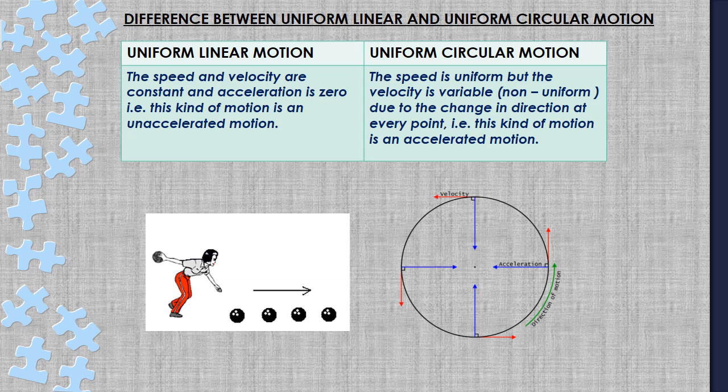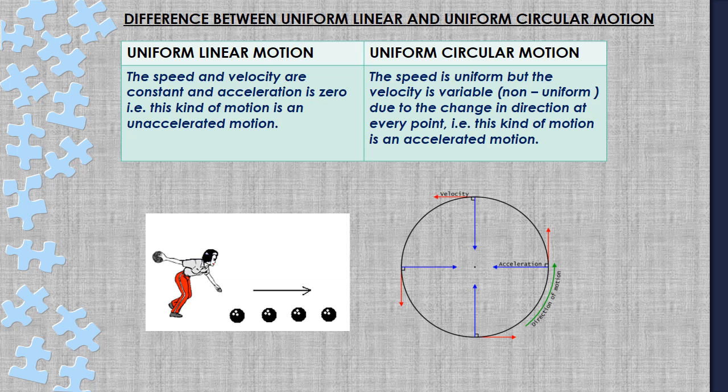Suppose the speed of the ball is 2 meter per second. So we can say it is traveling 2 meter in 1 second. That means its speed is constant. And since it is moving in a single direction, the velocity is also constant. And if velocity is constant, then acceleration is zero. So this kind of motion is considered as an unaccelerated motion.